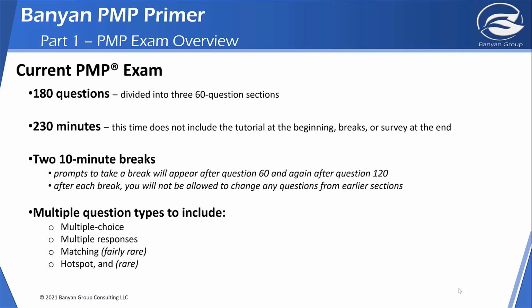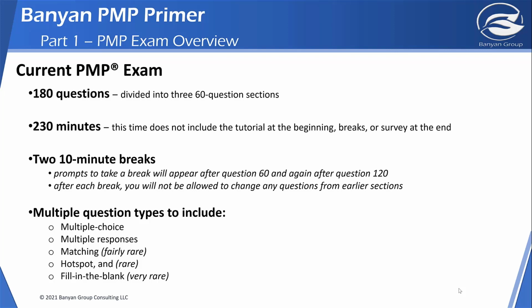There's also hotspot questions. This is where they'll show you an image or a diagram, and you'll be expected to click on the area of the image that represents the correct answer. This is rare. Also, there is fill in the blank, where they'll present maybe a question, and you're expected to type in the correct answer where there's a blank.